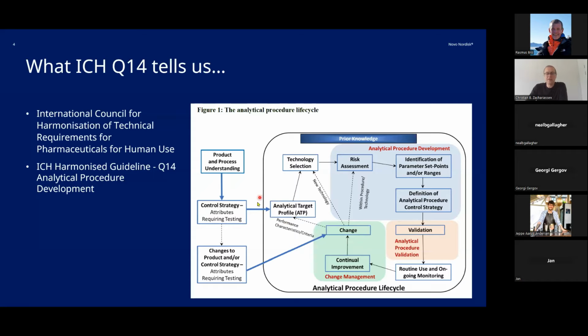And then it mentions an analytical target profile, which is actually what you want to measure. And then it goes into technology selection and risk assessment. And here you have some things, parameter set points and ranges that should actually be covered in the analytical target profile and so on.